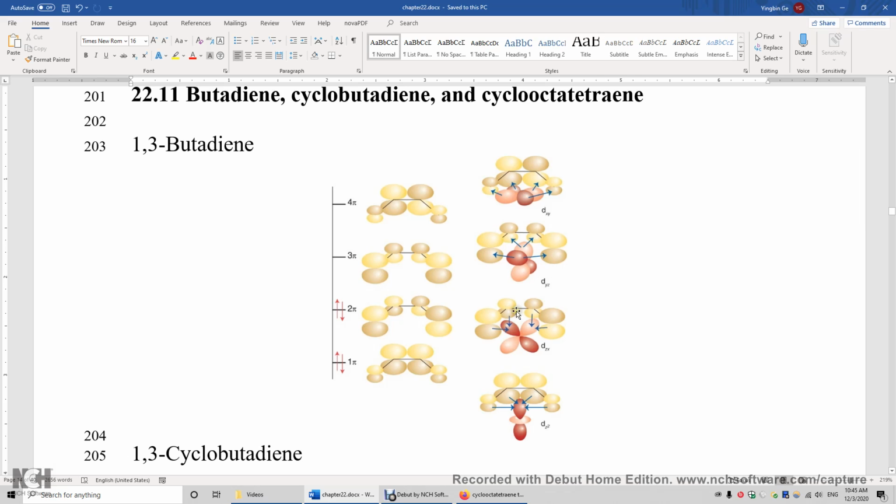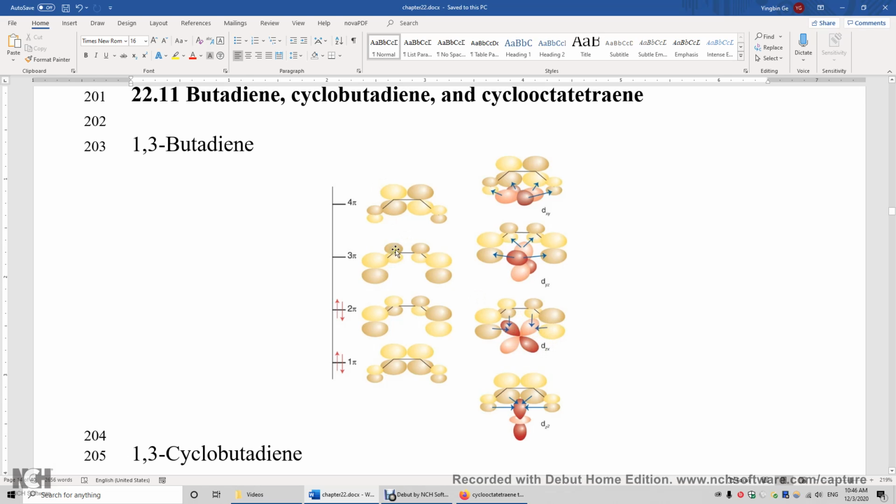So these 3 will interact with each other in a constructive manner. These 3 are all negative phase, and they can interact with each other in a constructive manner. So again, this pi 2 orbital may donate electrons to this empty dzx orbital of the transition metal center.